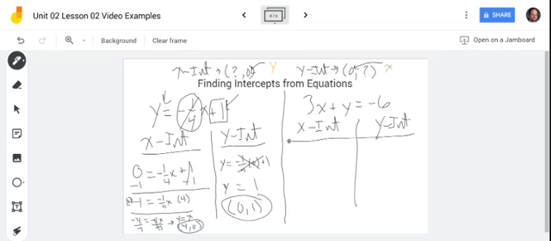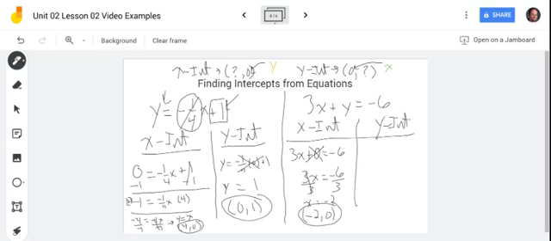First, for the x-intercept, I'm going to replace the y. 3x plus 0 equals -6. Well, that whole term gets to cancel. So I'm left with 3x equals -6. Divide by the 3. So x equals -2. So -2, 0 is my x-intercept.